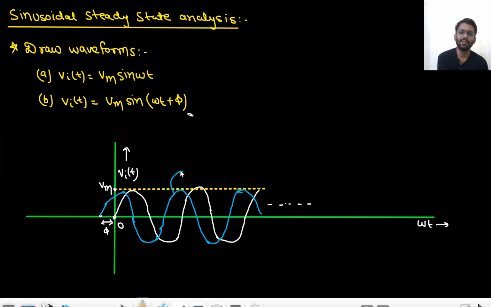So this waveform is leading by phi angle. And if you make it omega t minus phi, then you will start from here, later on. That would be lagging. Got my point? So this is just the waveform.